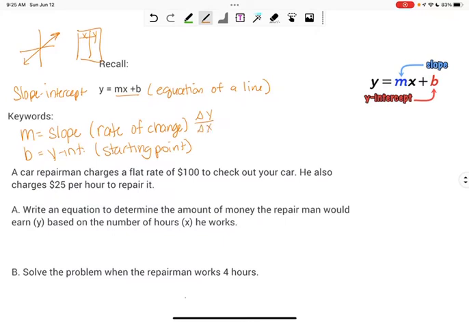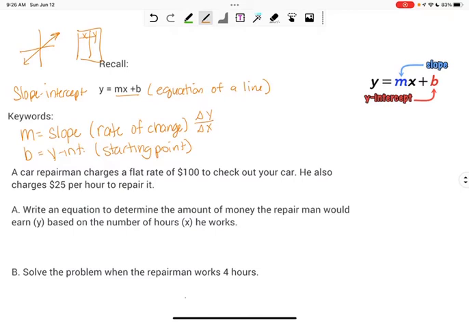Depending on what happened on the y-axis, that's how we could determine the x value, or we can do it the opposite way. Whatever happened to the x value, we can figure out the y value. So that's why it's the rate of change. One thing depends on the other, okay?